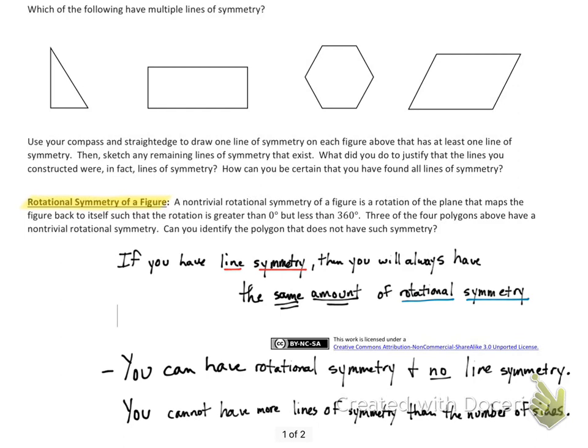You cannot have more lines of symmetry, and that also goes for rotational. You cannot have more rotational symmetry than the number of sides.